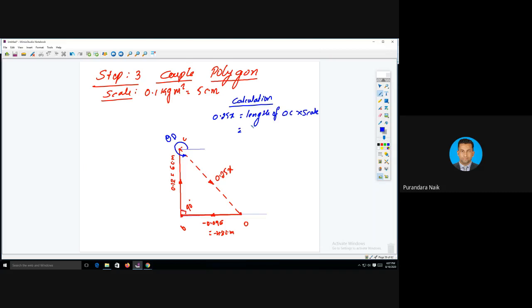Okay, OC is 8.4. No, I'm not getting 8.4. That is 7.7 centimeter length. I'm getting into scale.